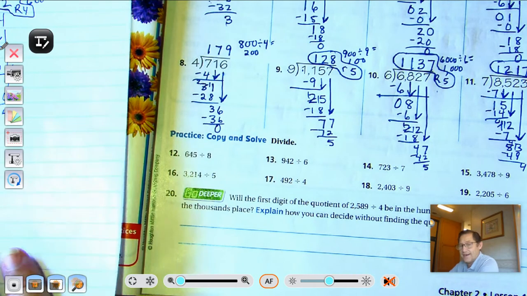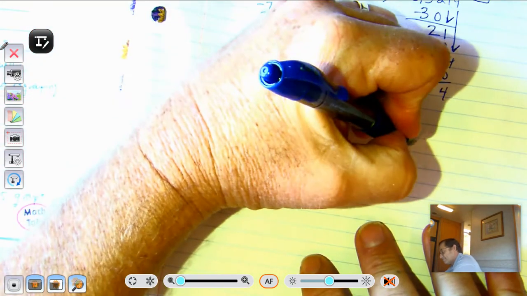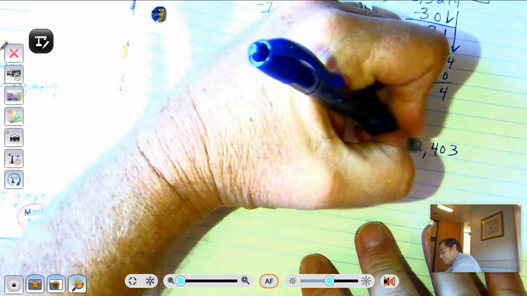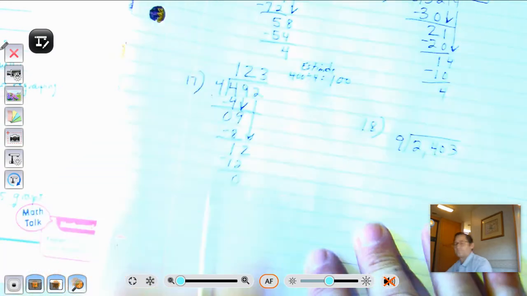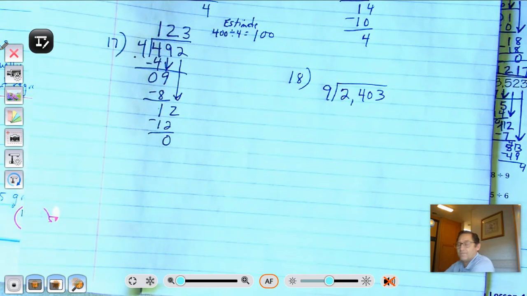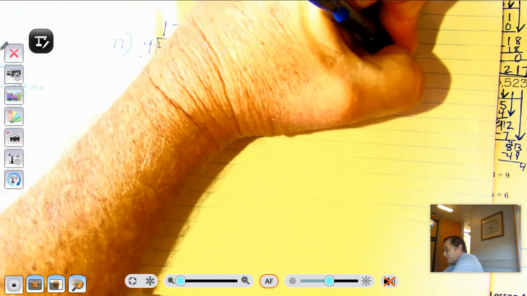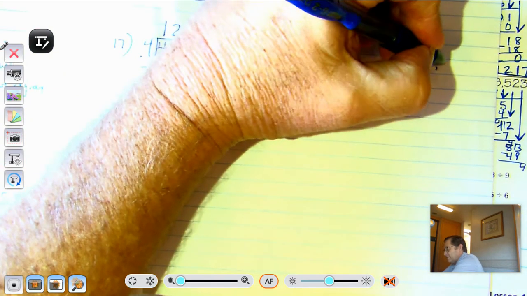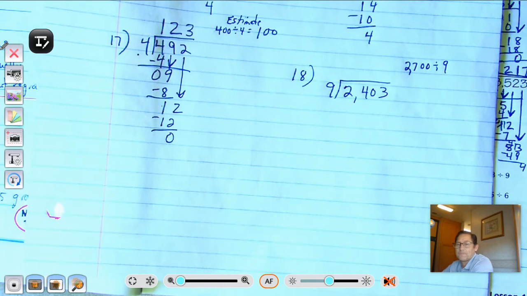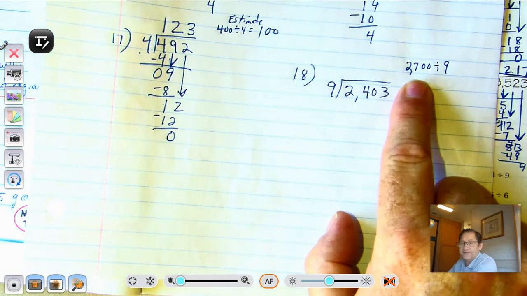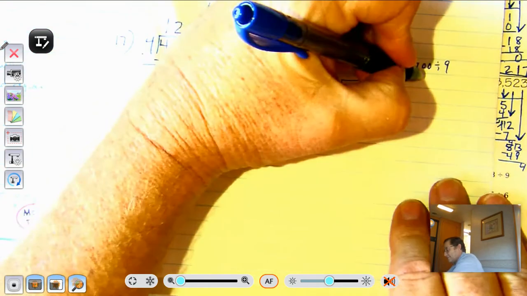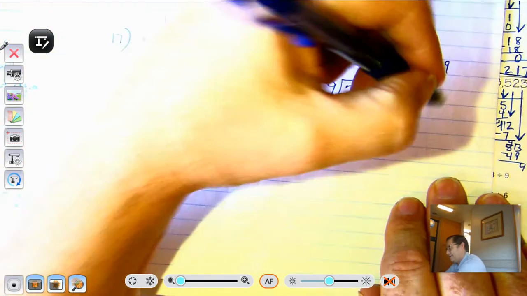2,403 divided by 9. All right, so 9, 18, 27. Let's change 2,403 to 2,700 and divide it by 9. Again, I'm just wanting multiples of 9 to get an estimate. 9 times 3 is 27.